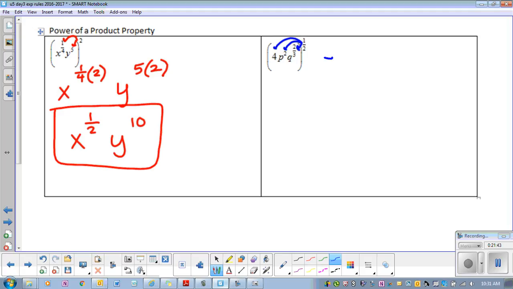Just be careful, the number is 4 to the 1/2 power. P squared to the 1/2. What do you do with those exponents? Multiply. Q to the 2/3 to the 1/2 power, so you multiply those.